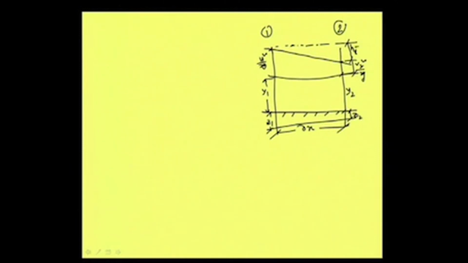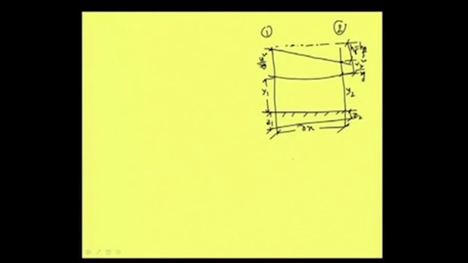One is the friction loss, that is known to us because we did discuss this friction loss during our discussion of gradually varied flow itself. But here there will be another component, because in case of unsteady flow the local acceleration exists.